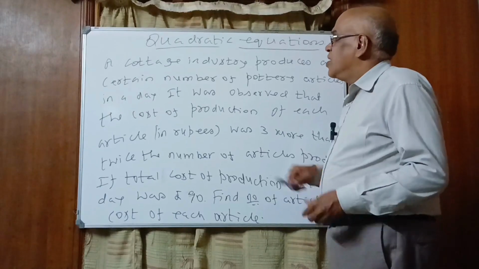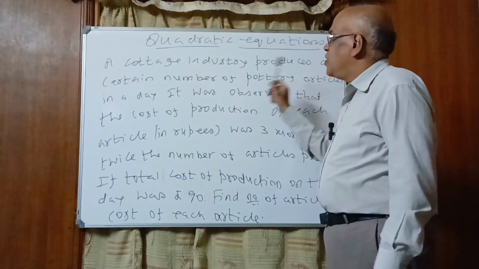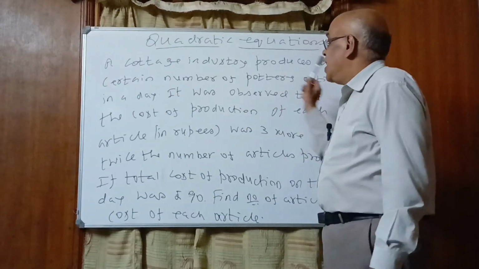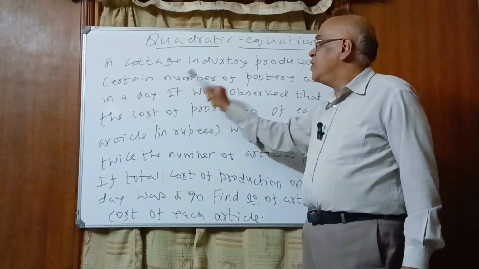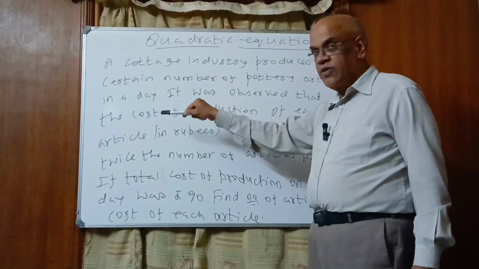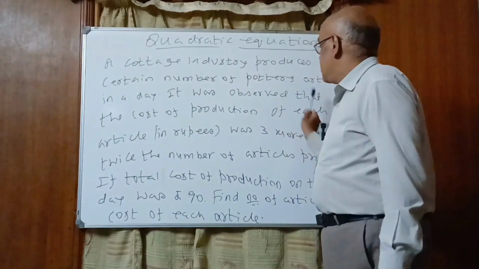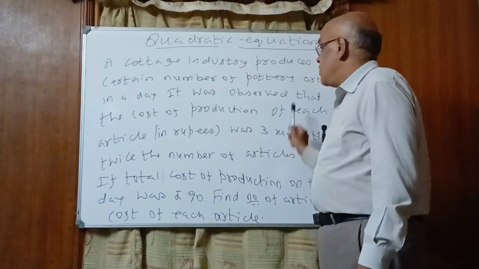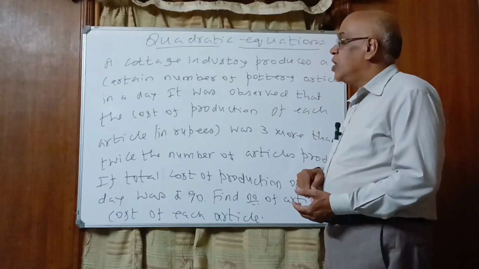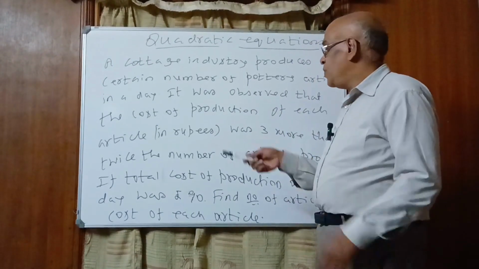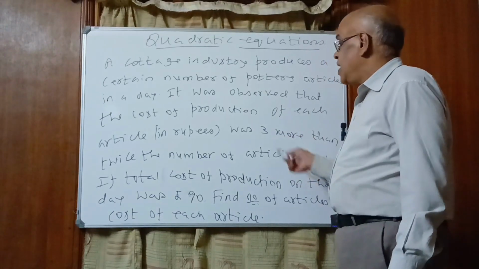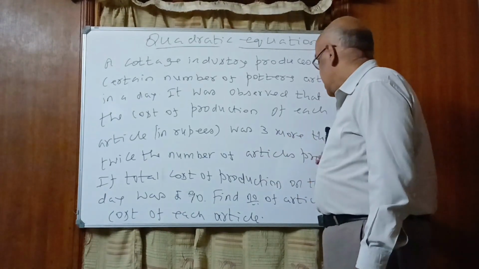What is that? A cottage industry produces a certain number of pottery articles. Let the number of articles produced be x. It was observed that the cost of each article in rupees was 3 more than twice the number of articles produced.